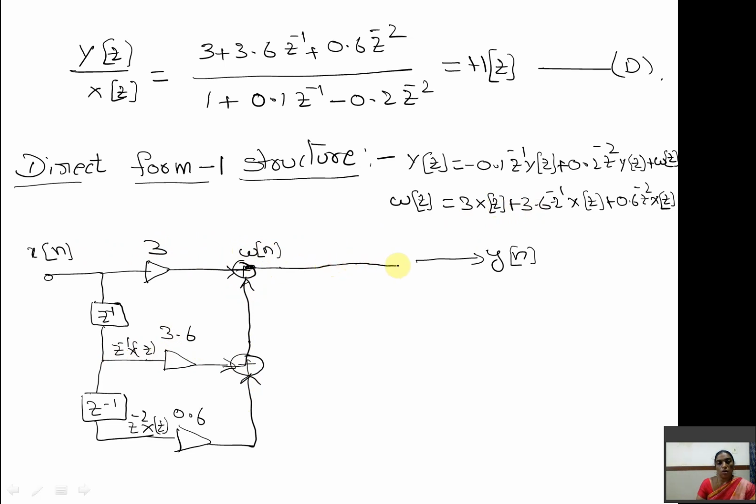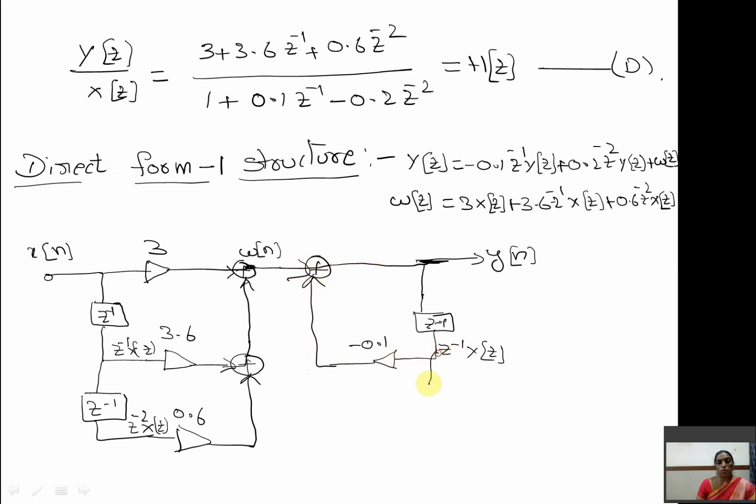Now after getting w of z, using this you can implement this equation. That means w of z is added to y of z with some multiplications. So here is y of z, then a delay unit. Now z power minus 1 y of z is multiplied by minus 0.1 and added to w of z.